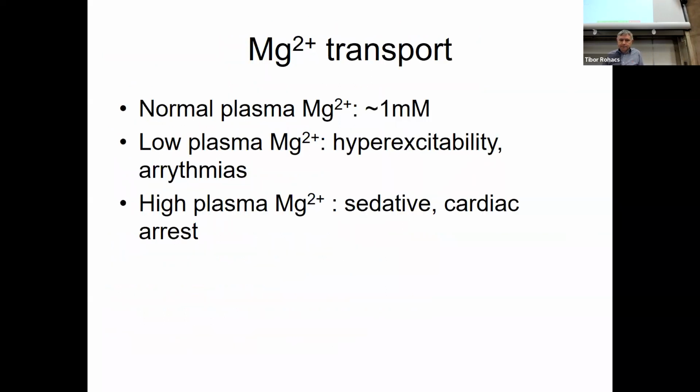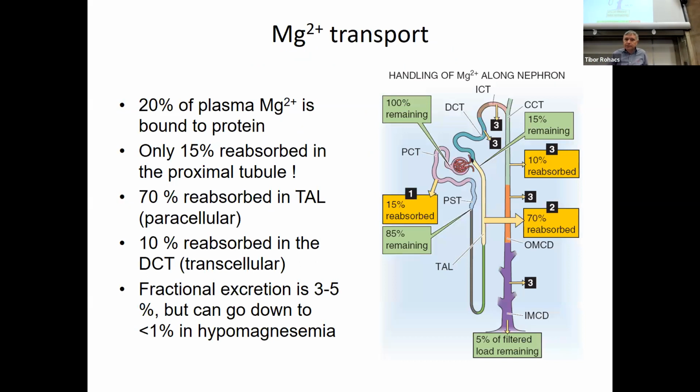And finally, magnesium transport. Magnesium is a little bit similar to calcium. If you have too little of it, you get hyperexcitability. If you have too much of it, you can have cardiac effects. I think the effects are not as dramatic as with calcium, but similar in terms of direction.